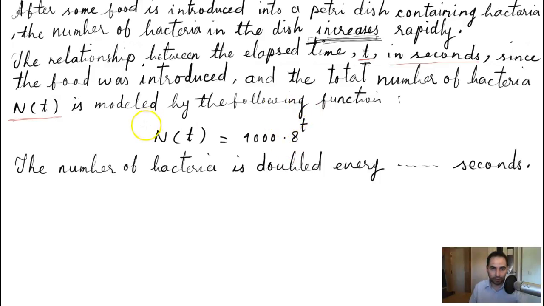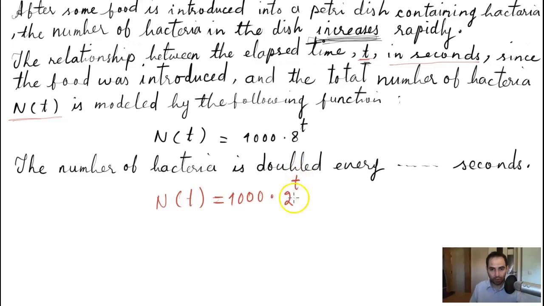Now if this relationship was like n of t is equal to 1000 times 2 raised to the power t, what we could tell about this would be that when we start this whole research, there is 1000 bacteria in the petri dish, and the number is being doubled because it's being multiplied by 2 every 1 second, because when t is equal to 1, then 1 factor of 2 is being multiplied by 1000.